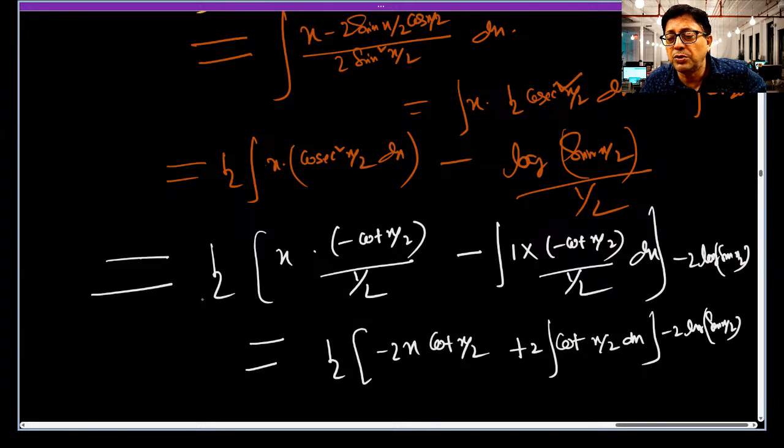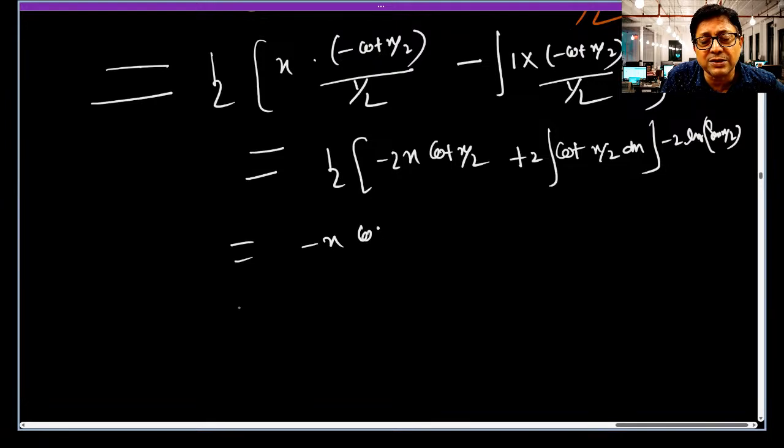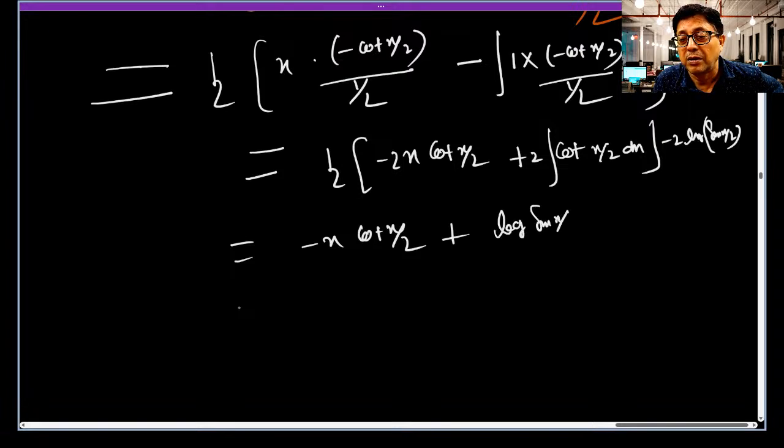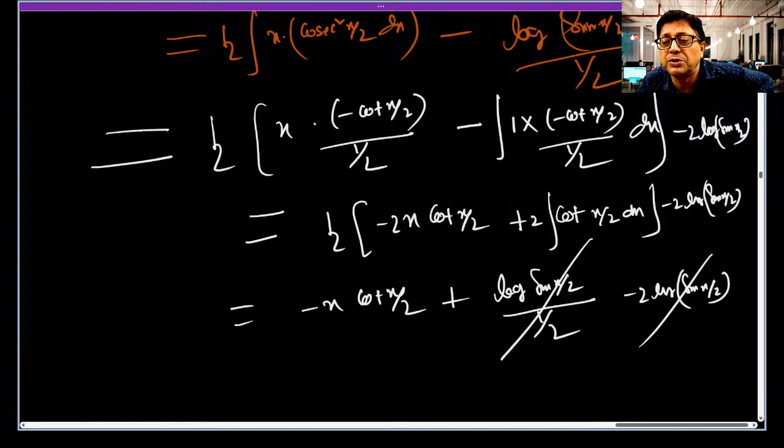Actually, this also, just the 2 gets cancelled. Minus x cot x by 2 plus cot x by 2. What's the integration? Cot x by 2. So is it getting cancelled? Check once. I think it's getting cancelled. If it is not, you should check.